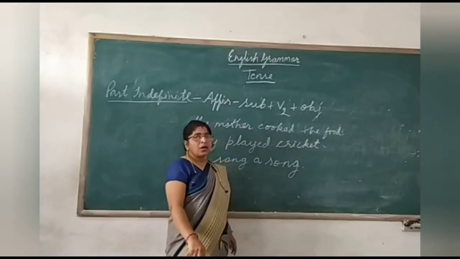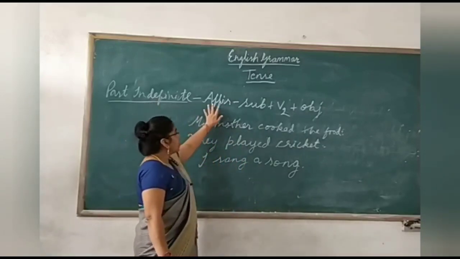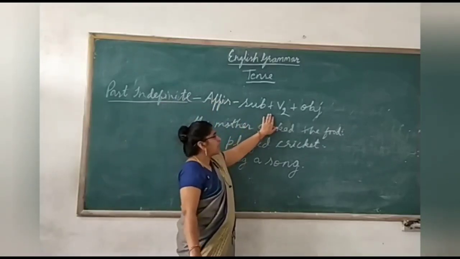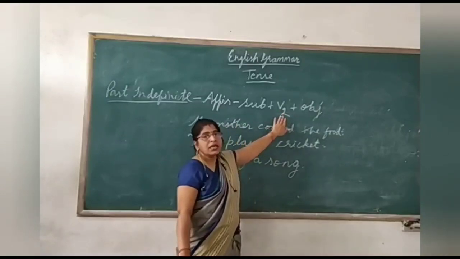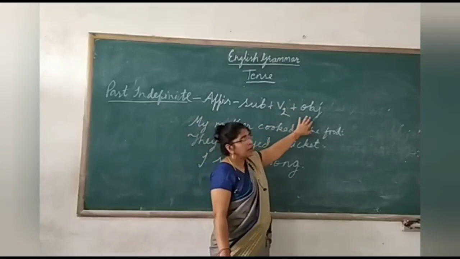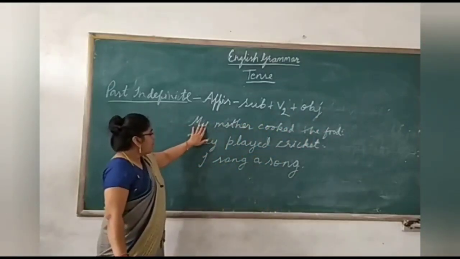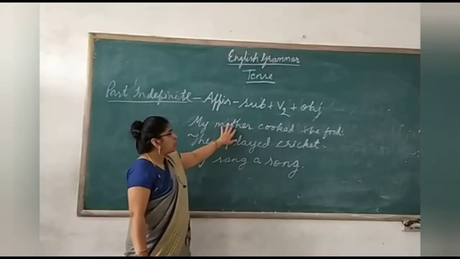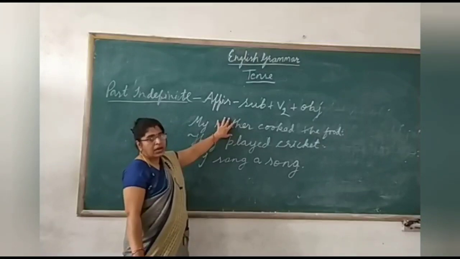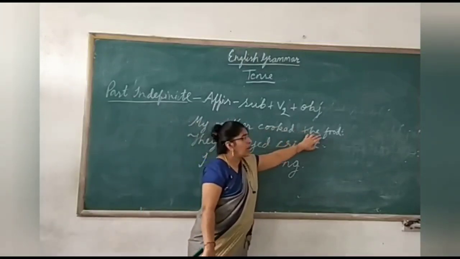Well children, now let's move to the next tense, that is past indefinite. Here the affirmative structure of past indefinite is subject plus V2. V2 means the verb will be in the second form, and after that you add the object. Here you don't have to worry about the subject, whether it is singular or plural. My mother cooked the food.